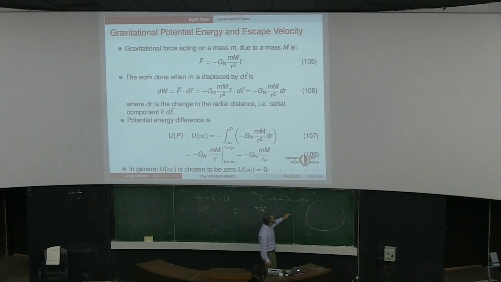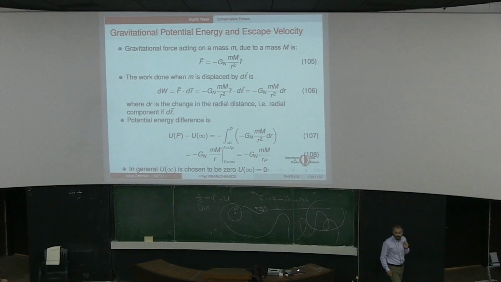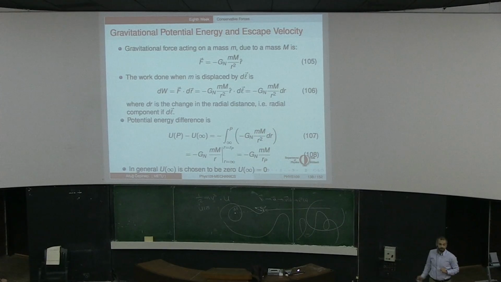So I'm just assuming that my planet comes from a straight path from infinity. You can say that, okay, it starts from here at infinity, makes such complicated paths, goes around a few times, and comes here. You can calculate this work too, but I mean, what's the point? We know that whichever path we take, this is the answer we would get, because it's a conservative force.